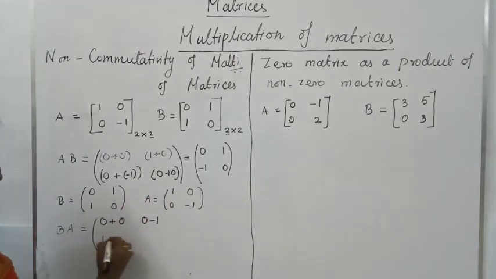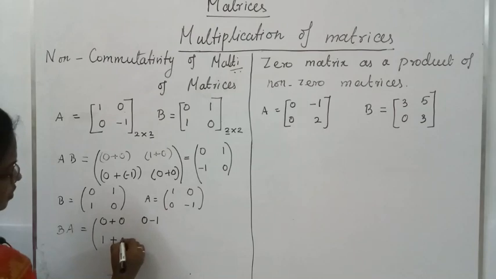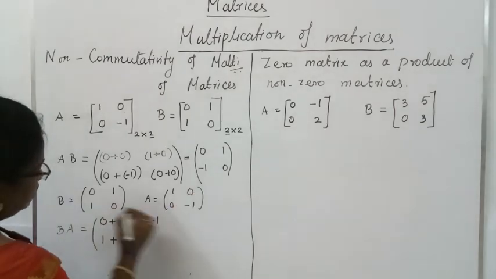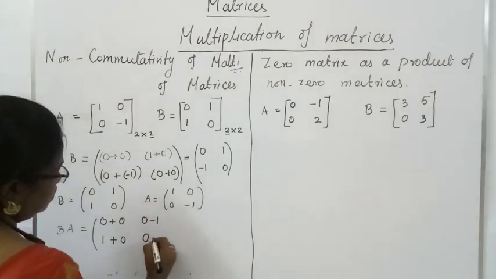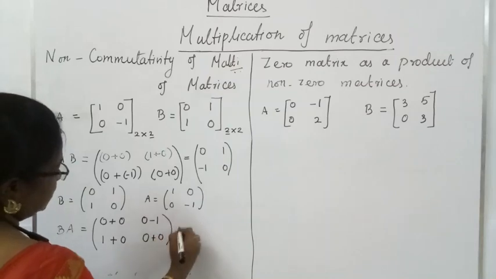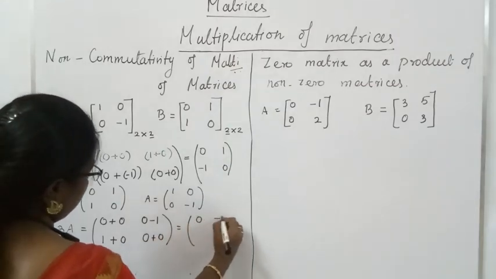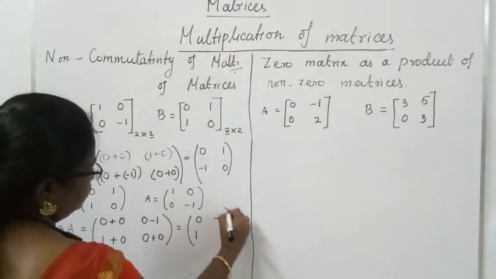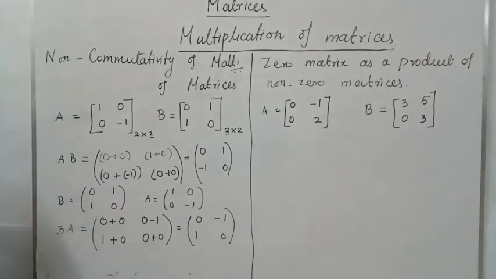Here, 1 into 1, 1, 0 into 0, 0. Second row with second column, 1 into 0, 0 plus 0. So this is equal to 0, minus 1, 1, 0. So here AB is not equal to BA.